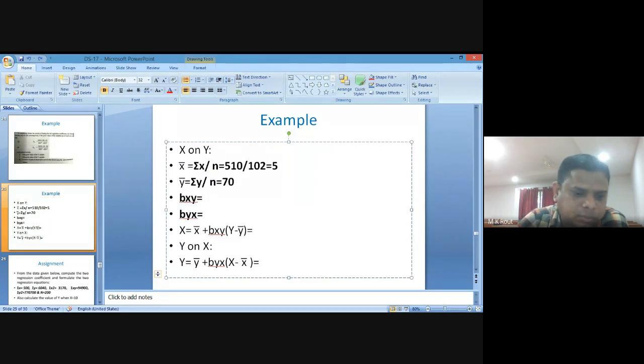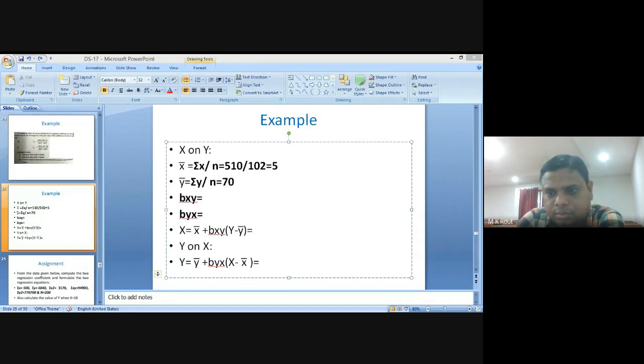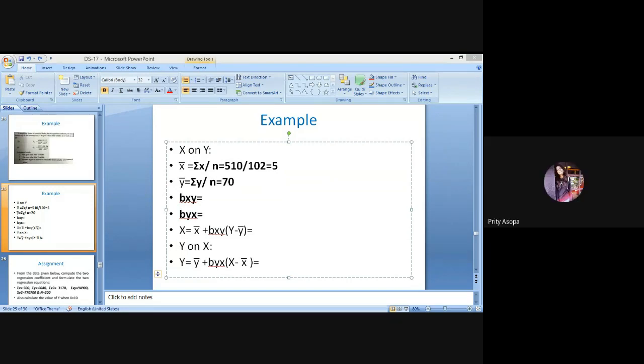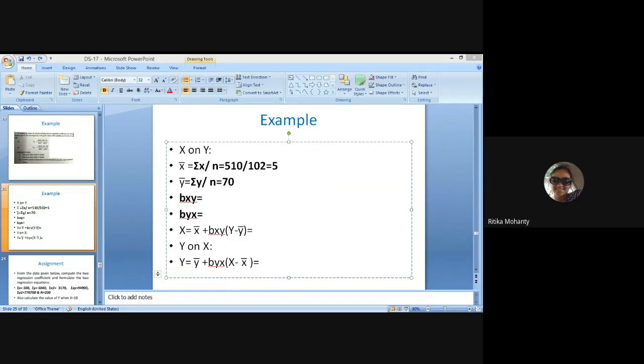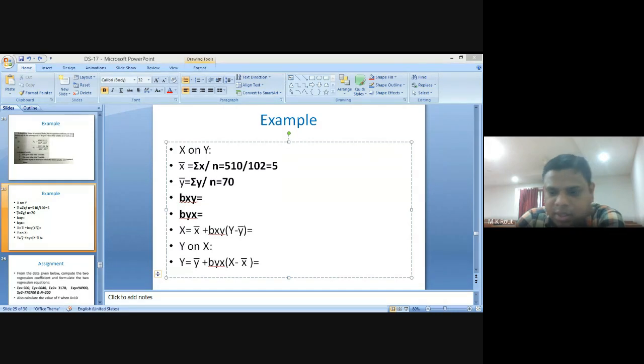Yes, anyone who has finished? What is the value of bxy? Priyanka Das. So minus 0.07. No, your answer is incorrect. Ritika Mahanti. So just a minute. Okay, take this one as an assignment for the next class.